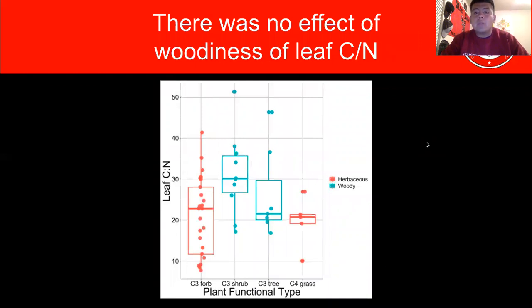As far as the woodiness of the plants, there wasn't really any significant effect. On average, the herbaceous species have more nitrogen in their leaves, but this difference is not statistically significant.